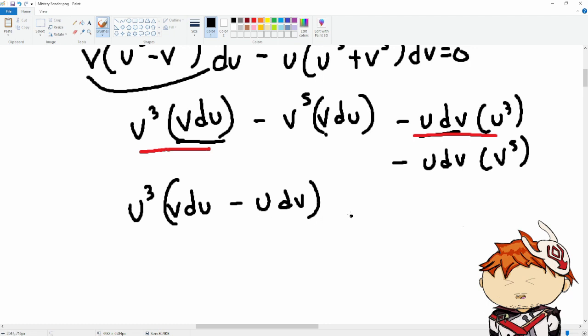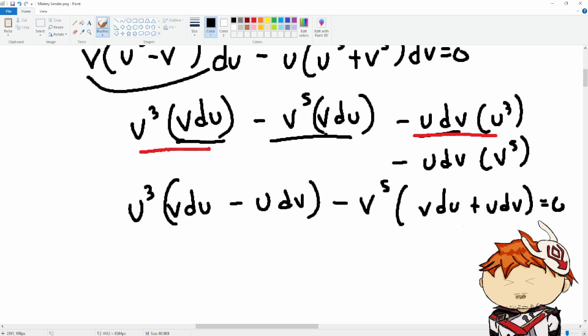So VDU, UDV, then the other part is V to the fifth. I'm going to take out negative V to the fifth, and this will become VDU plus UDV equal to 0. Let's divide both sides by V to the fifth. Now this is by experience.